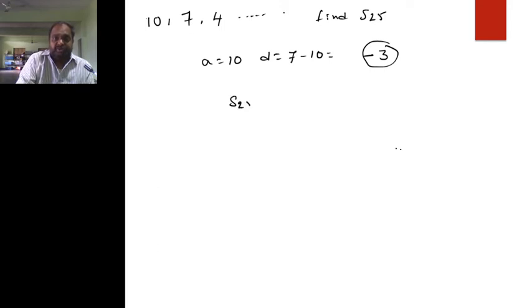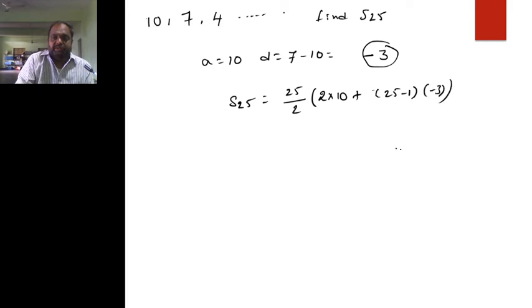S25 is equal to, what is the formula? n by 2, 2a plus n minus 1 into d. 25 by 2, 2 into 10, plus 25 minus 1 into d. What is the d? Minus 3.